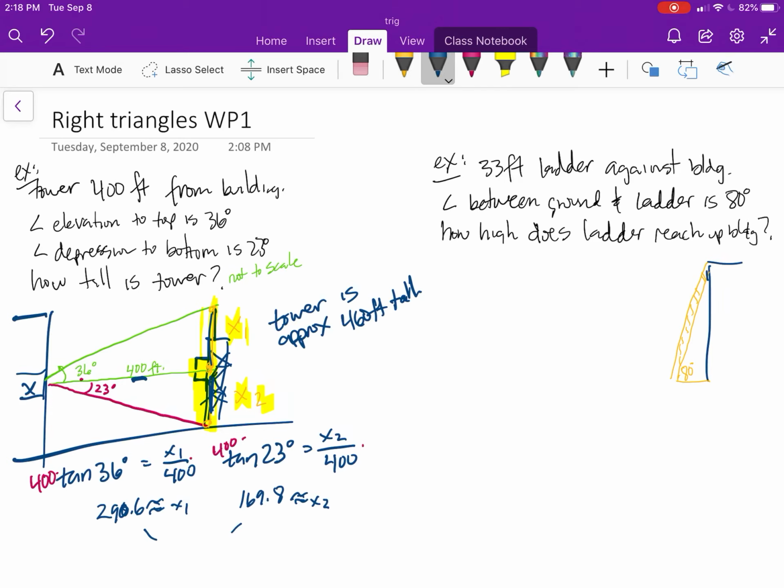So here, we could quickly fix that. There we go. There's the building. It's going up the side, and we want to know how far up. So that is our X. What else do we know? We know this ladder is 33 feet.